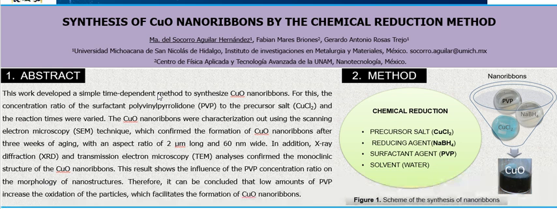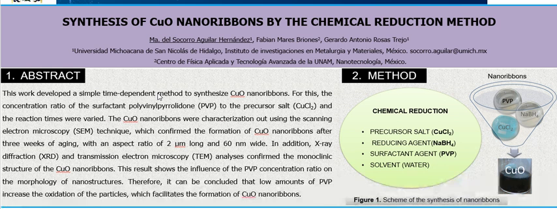In addition, other analyses were completed, like X-ray diffraction and transmission electron microscopy, that confirm the monoclinic structure of the nanoribbons. This result shows the influence of the PVP concentration ratio on the morphology of the nanostructures.